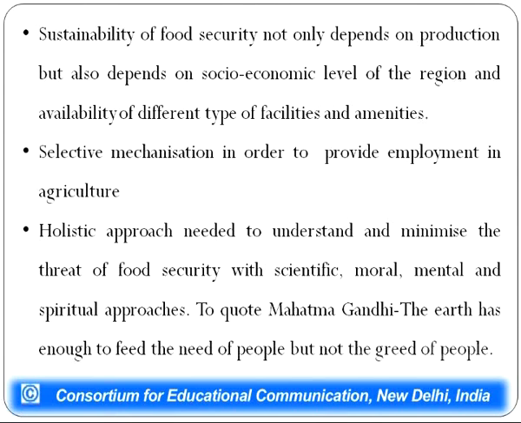Sustainability of food security not only depends on production but on socio-economic level, and that is why a holistic approach is needed to understand and minimize the threat to food security.